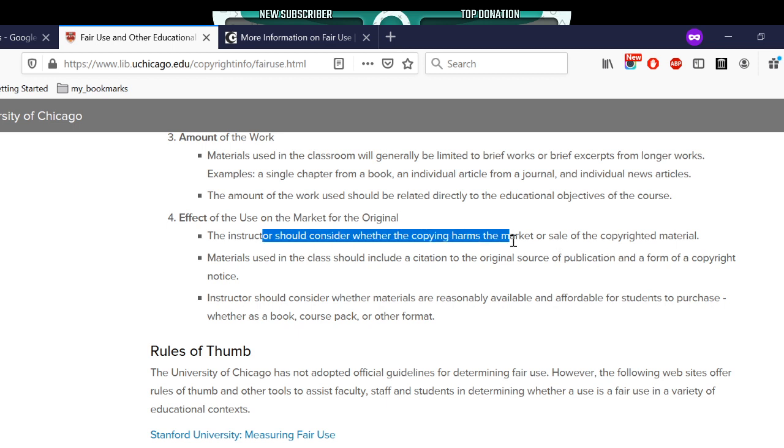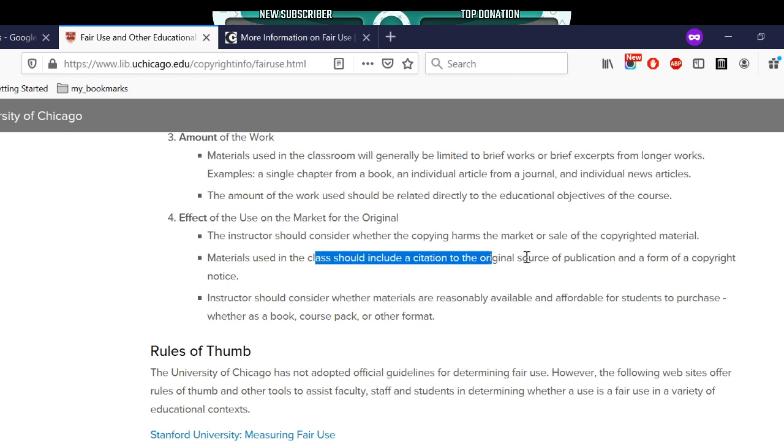The effect on the market. Should consider whether copying harms the market or sale of the copyrighted material. Materials should include a citation to the original source, 100%.